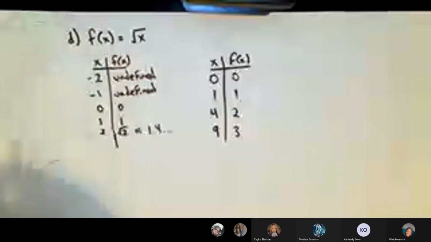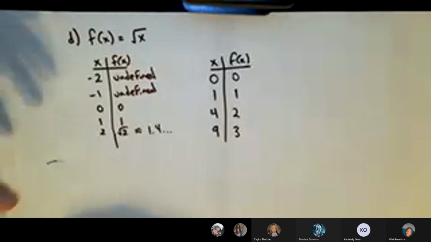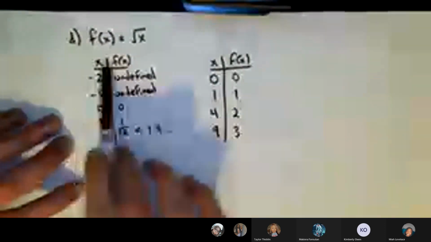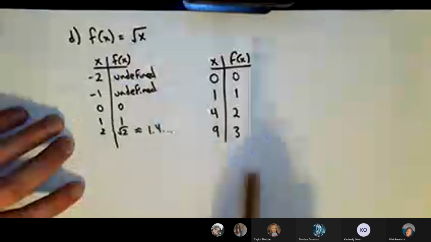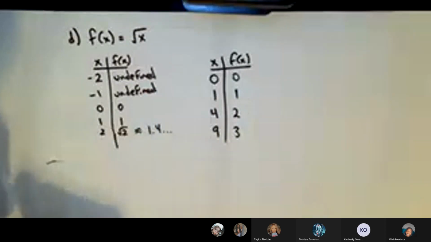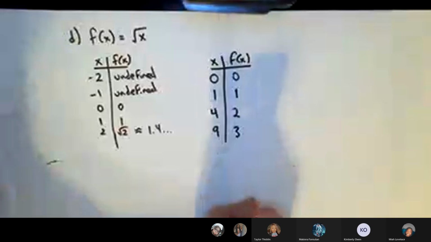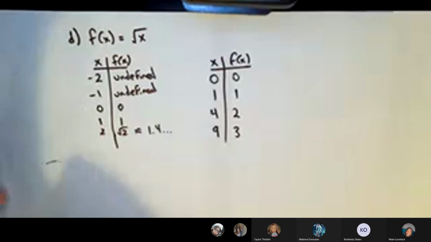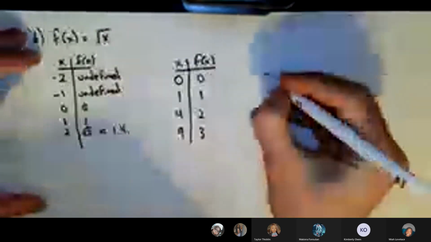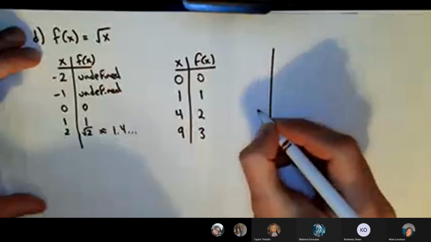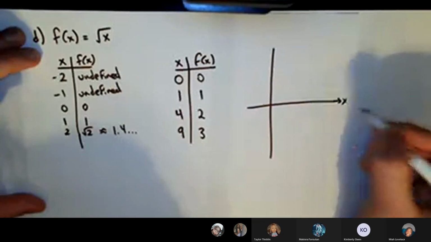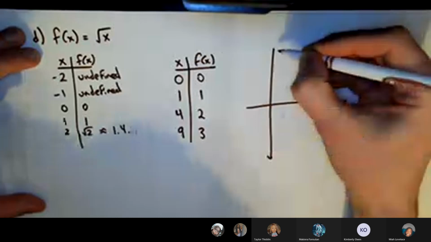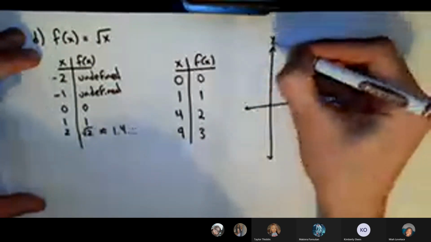So when you're building tables of values with these new functions, sometimes you have to play with the input values you're giving it to figure out what's going to be the best. By the best, I mean what's the easiest to graph. So here's x and y.